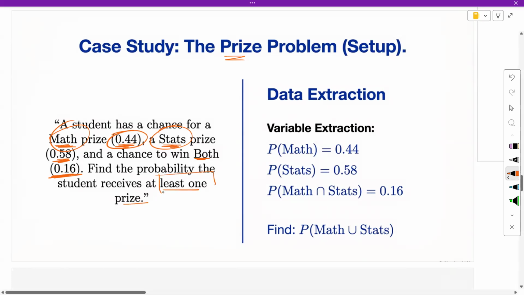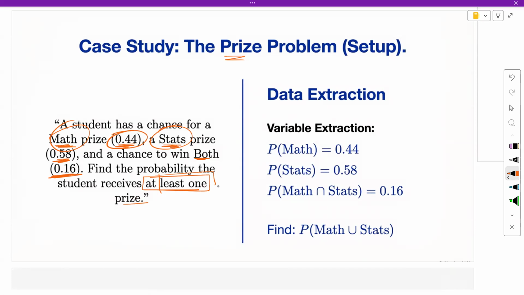The term at least one is very important. At least one means the student may get the maths prize, or the statistics prize, or both.